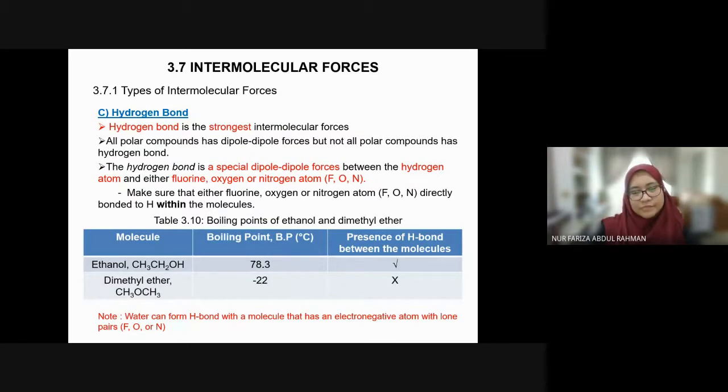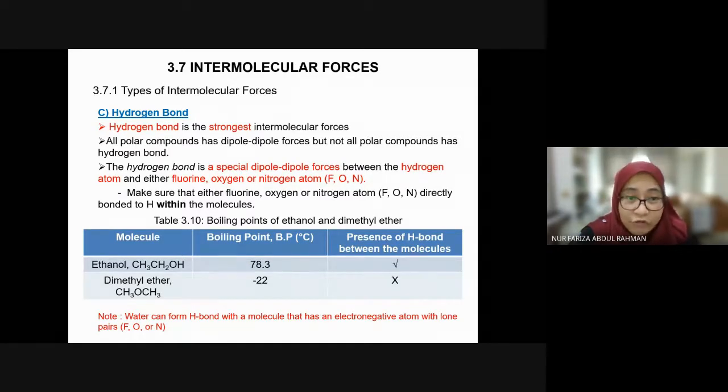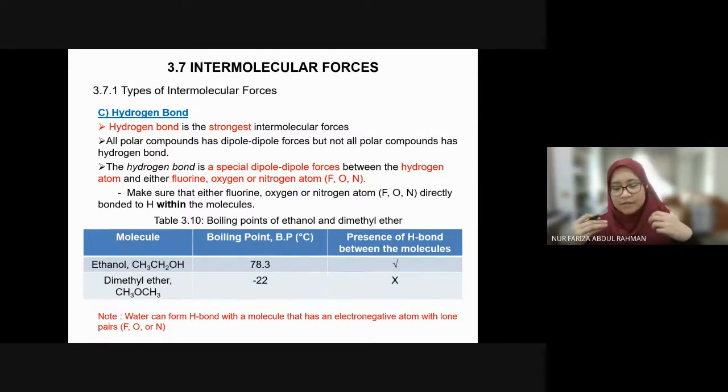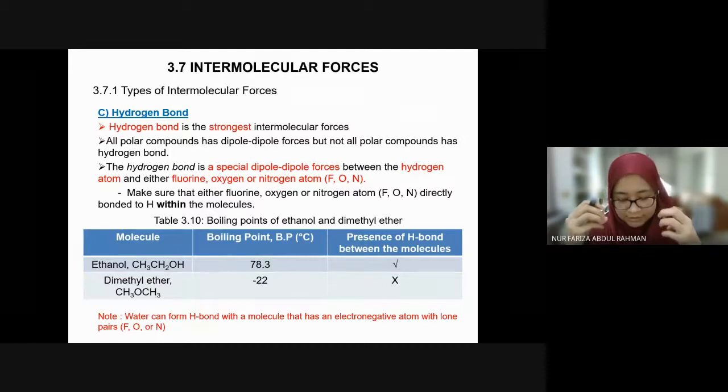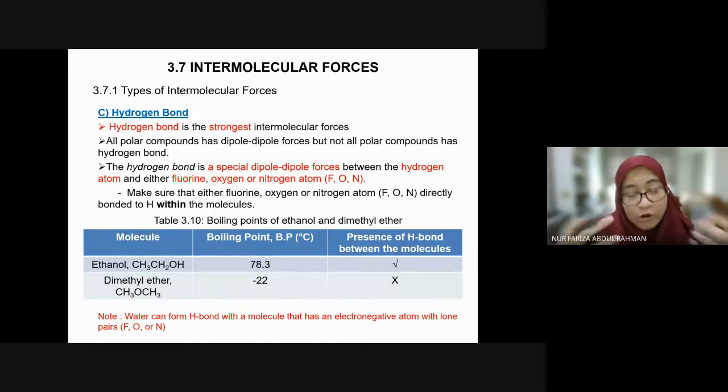Okay. Last but not least will be hydrogen bond, guys. The term hydrogen bond, of course, will involve hydrogen in the forces. But not just simply because of the presence of hydrogen does it mean it will form a hydrogen bond. Not because of that.